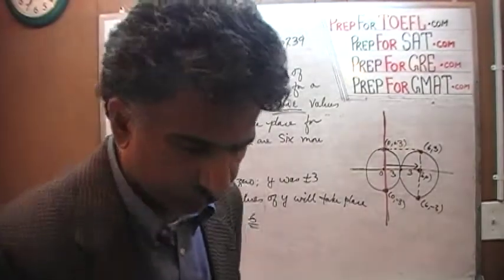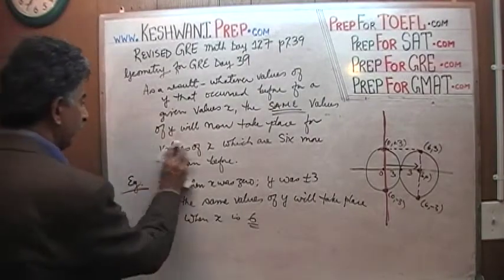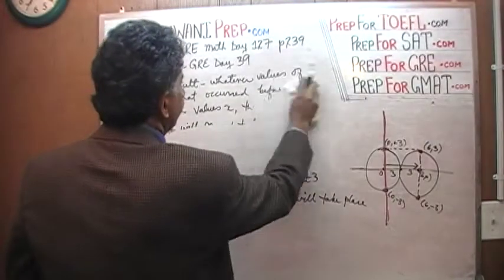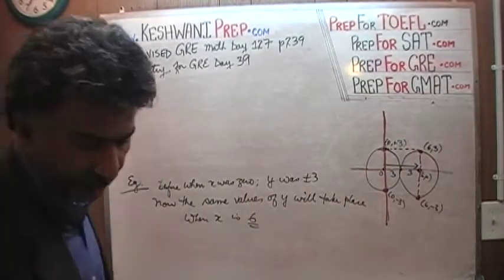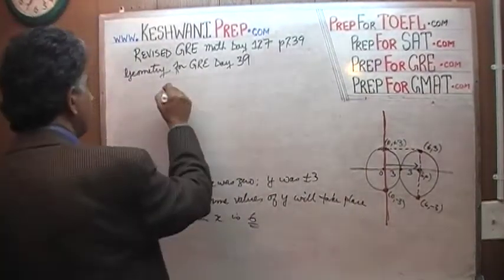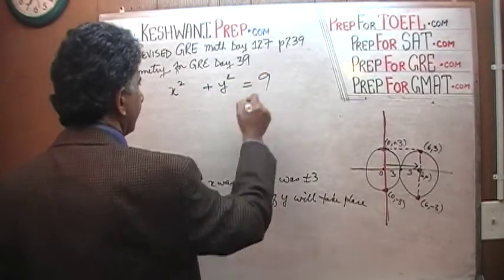The equation of this new circle, now we have to adjust for it. Listen very carefully because we're getting very close to the payoff, the punchline. Before, the equation was x squared plus y squared equals 9.